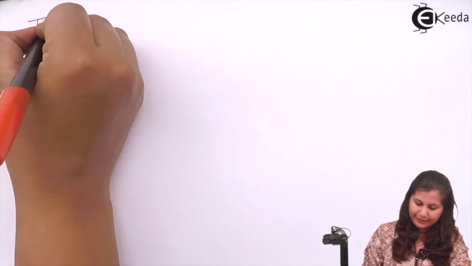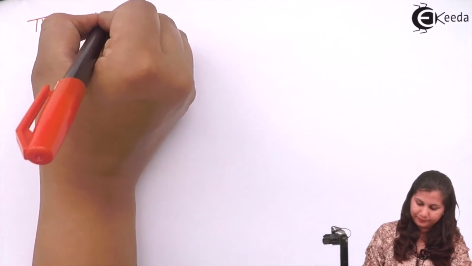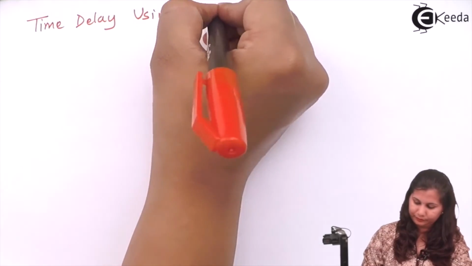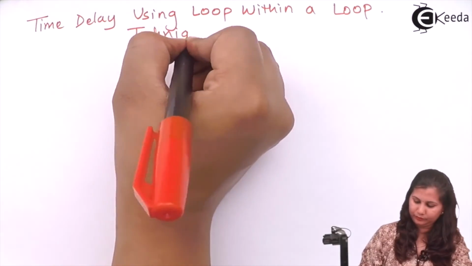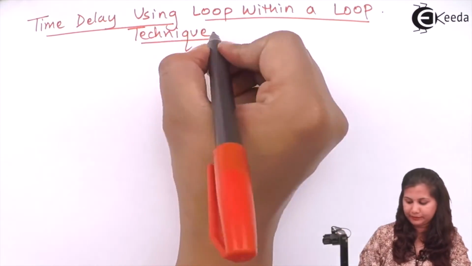Now the third way of introducing time delay is the loop within a loop technique. We are having two loops, one outside and another inside, one into the other, and those loops are introducing the time delay in the program. So the third way is time delay using the loop within a loop technique.